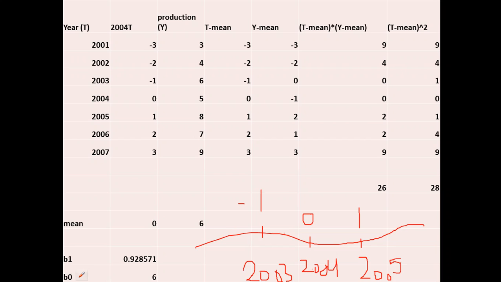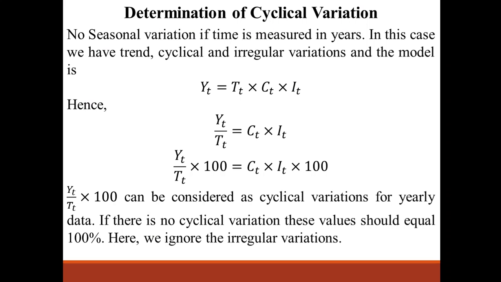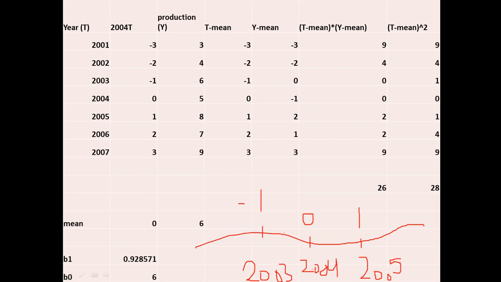So y hat equals B0, which is equal to 6, plus 0.93 t.